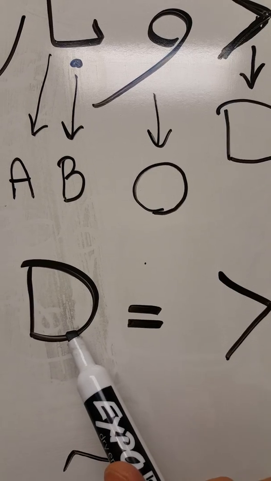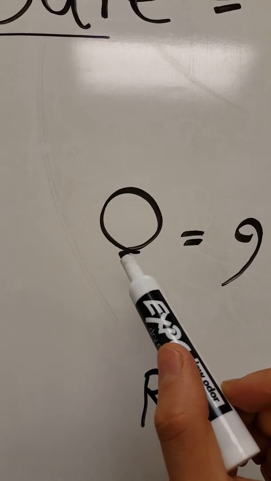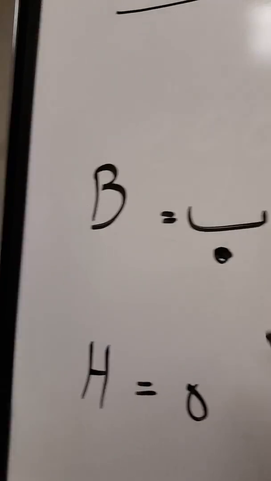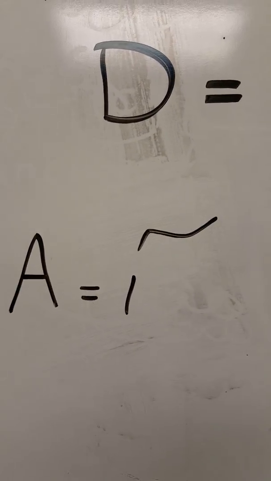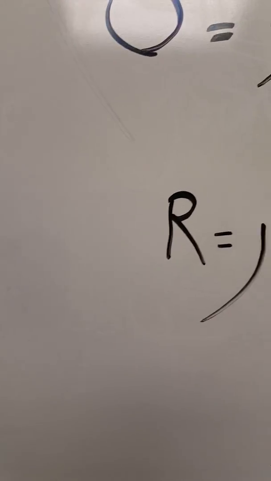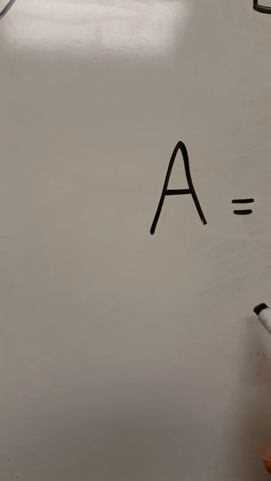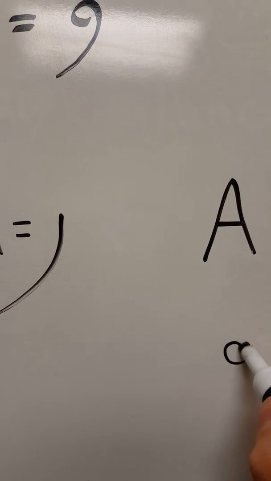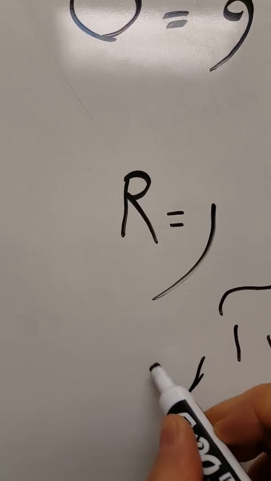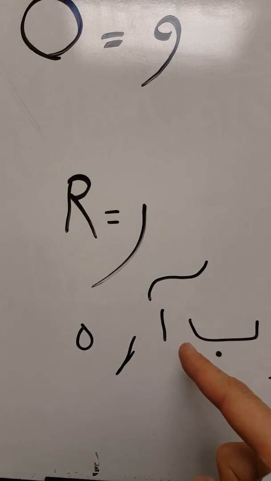D, O, B, A, it should be, and R. So when they want to attach D, O, B, A, R, A together, so you see B and H again, so they just attach these two.